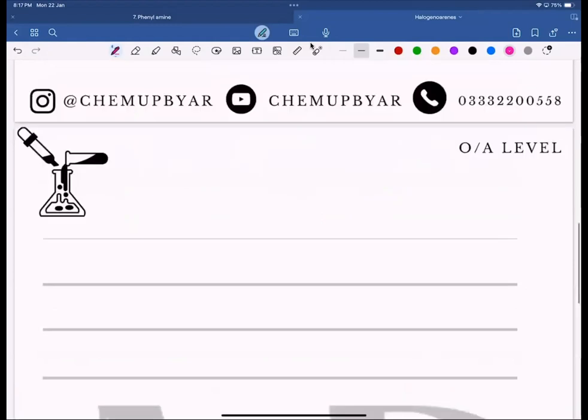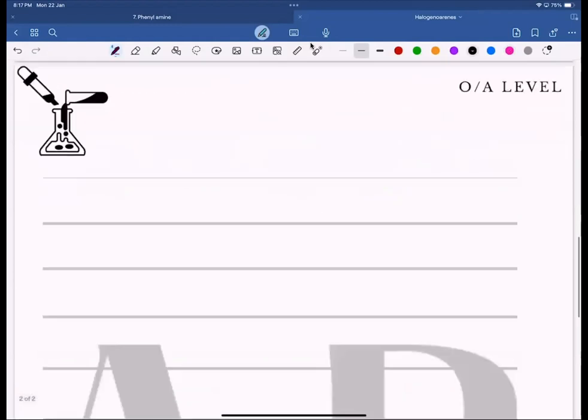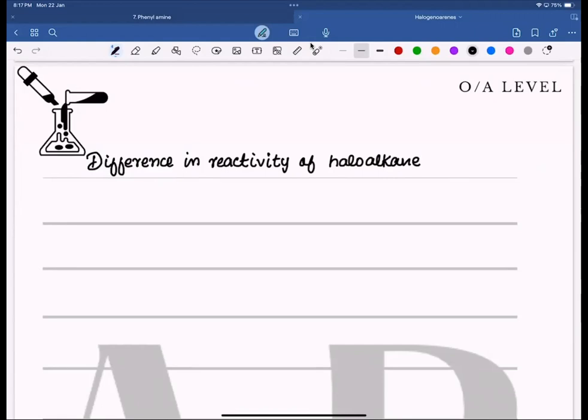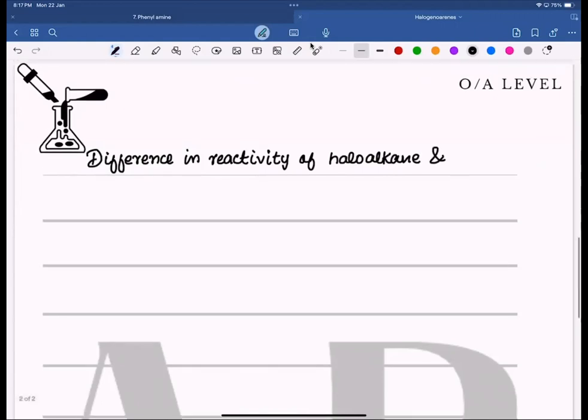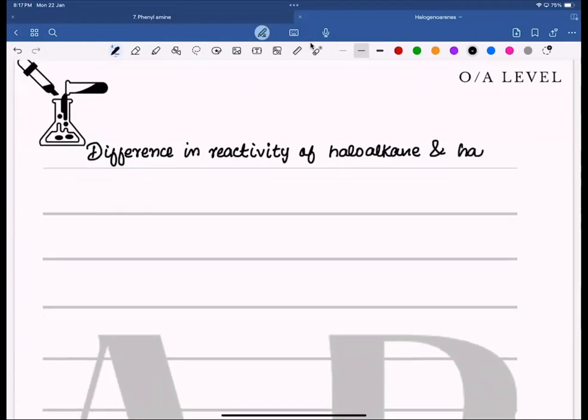Now, after this, we have a difference in reactivity of haloalkane and haloarene, or you can say halogenoalkane or halogenoarene.